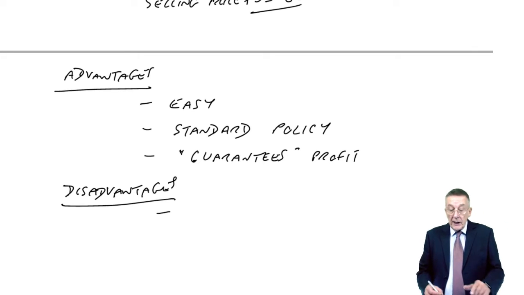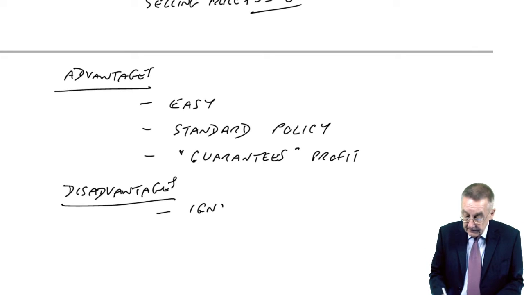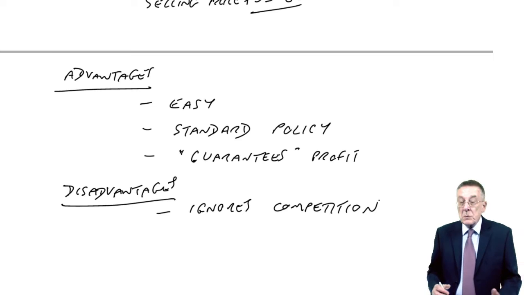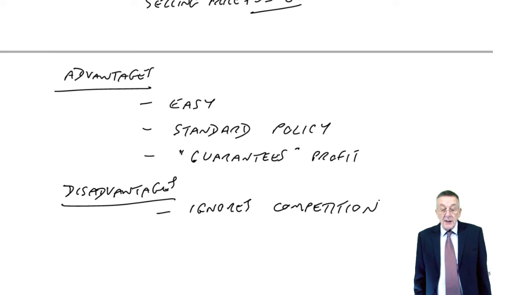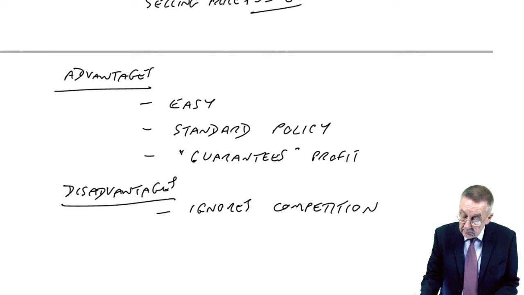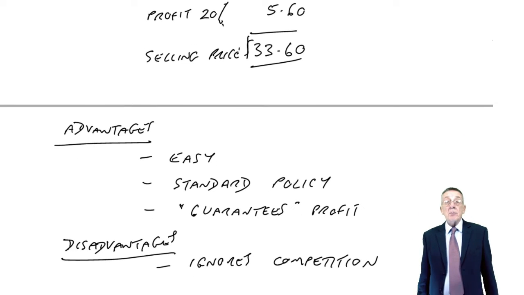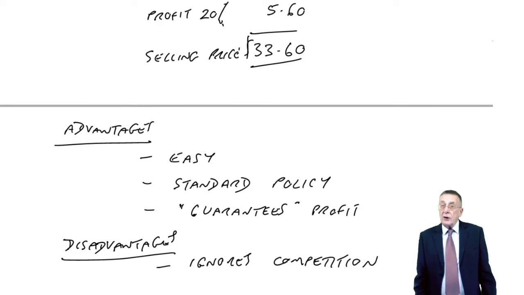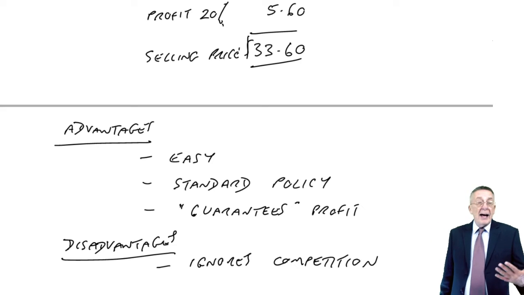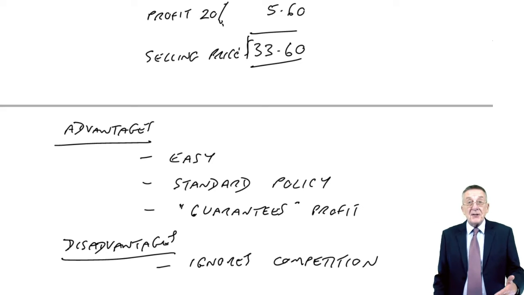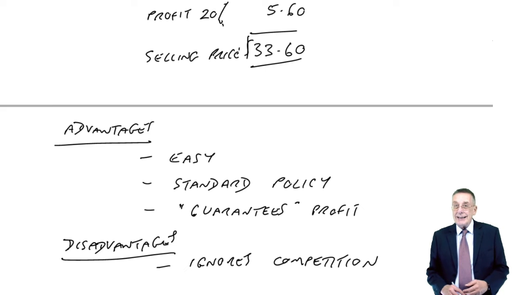One, straight away, surely it ignores the competition. If there are competitors and if they're only charging, let's say $30 for the same product, then of course there's a big question mark over how we are going to be able to manage to sell any at 33.60.